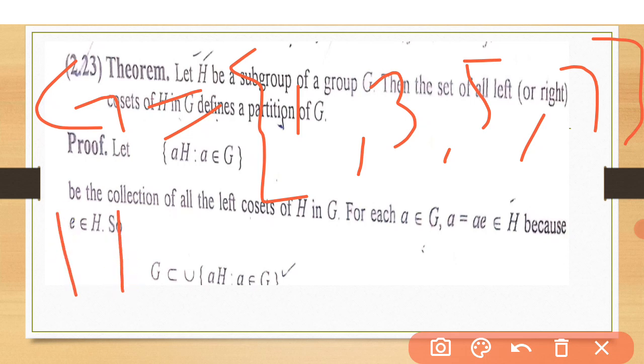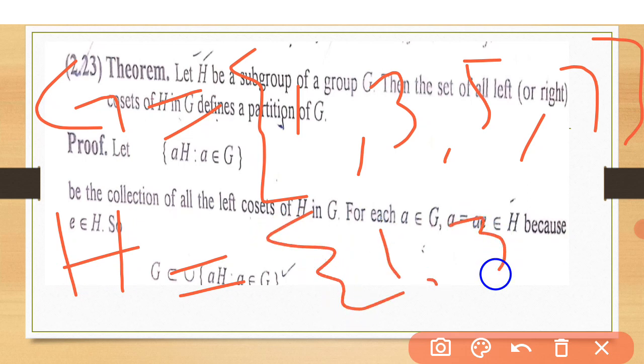So here we have a subgroup H, 1 and 3. G is a group and H is its subgroup.